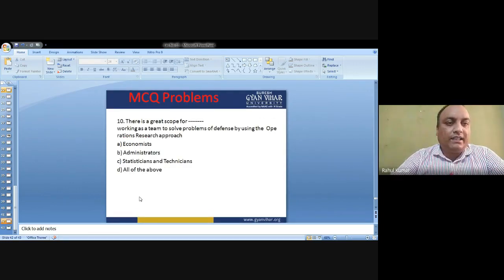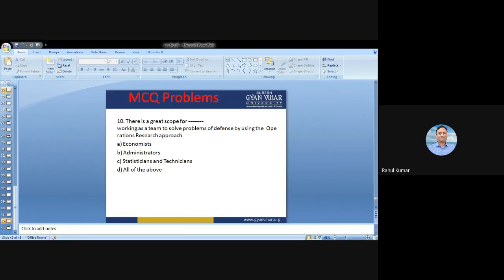There is a great scope for working as a team to solve problems of defense by using the operation research approach: economists, administrators, statisticians and technicians, and all of the above.